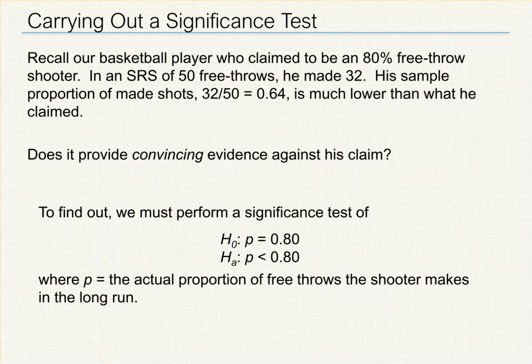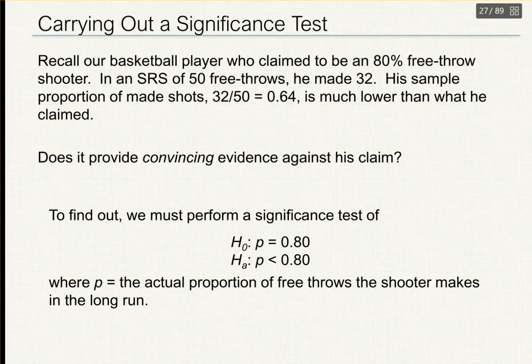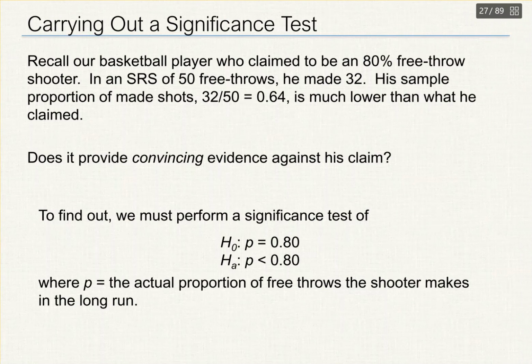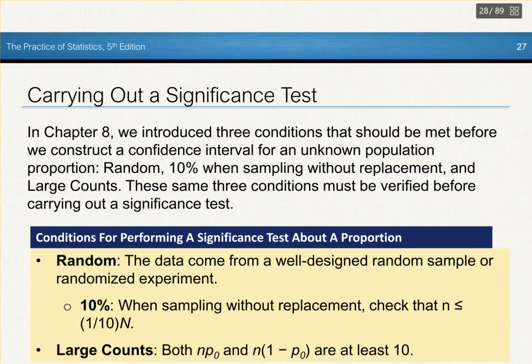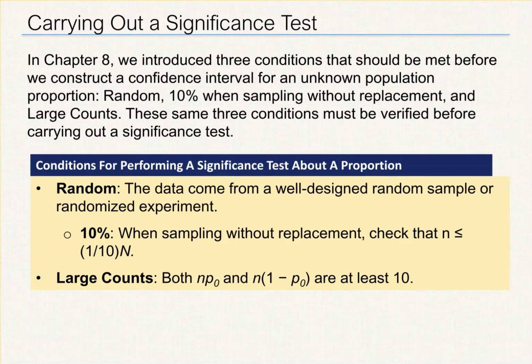So let's perform a significance test. Our null hypothesis is that the proportion of his successes is 0.8, and the alternative hypothesis is that his actual proportion of success was less than 0.8. Those three conditions that we learned in chapter 8 still apply.